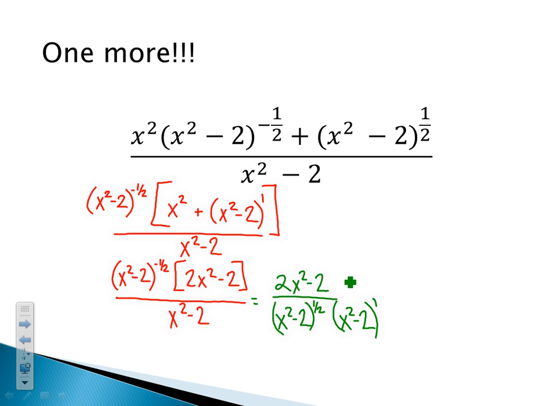Those match, so we're going to put them together. When you put together exponential expressions that have the same base, you add the exponents. So what's 1/2 plus 1? Is 3/2. So your end answer should look like this.